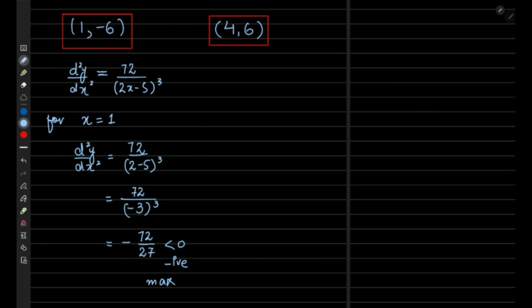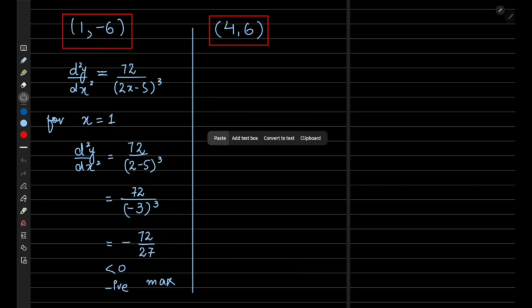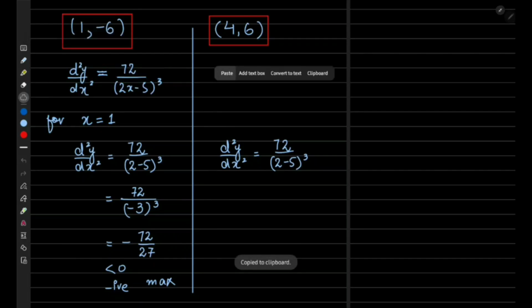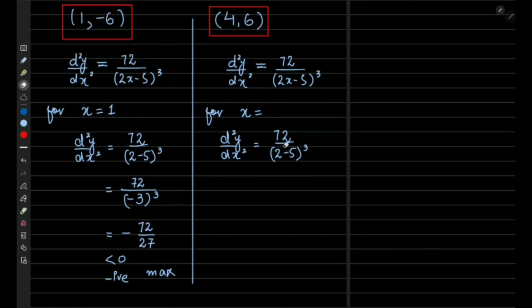Okay, now substituting the value x equals 4. So for x equals 4, this becomes 2 times 4.